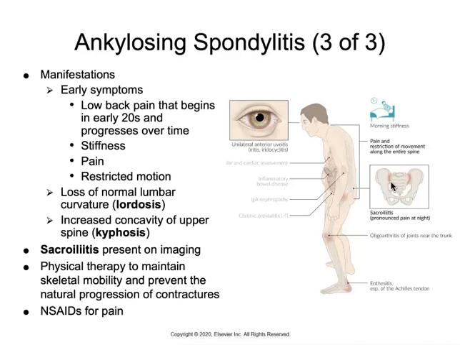We're also going to look at labs to see the HLA-B26, maybe elevated ESR and elevated alkaline phosphatase, which usually tells us there's some type of inflammation taking place in the body. For treatment, we can do physical therapy to maintain skeletal mobility and prevent the natural progression of contractures.